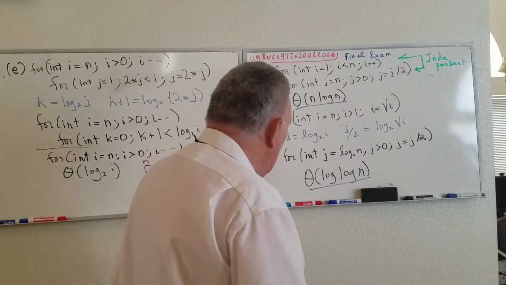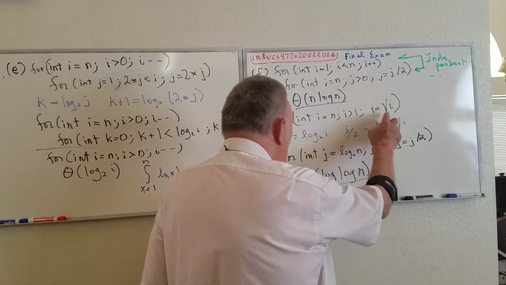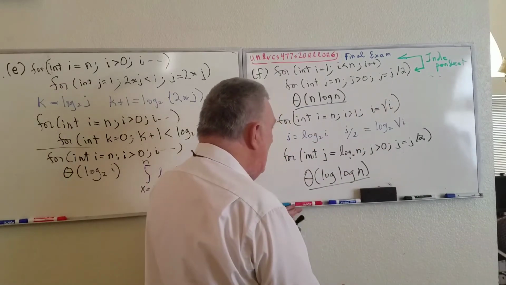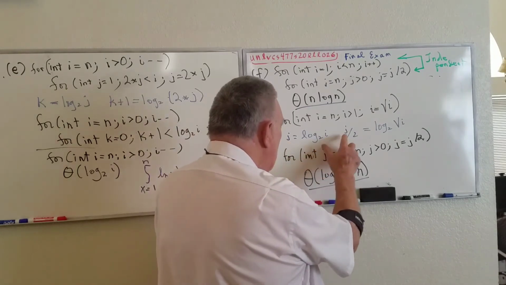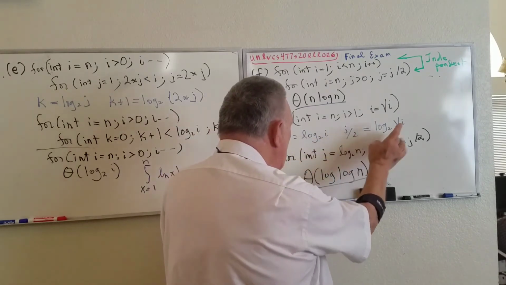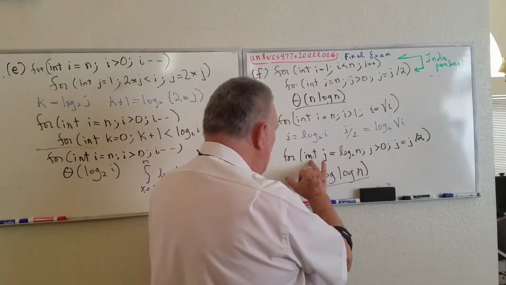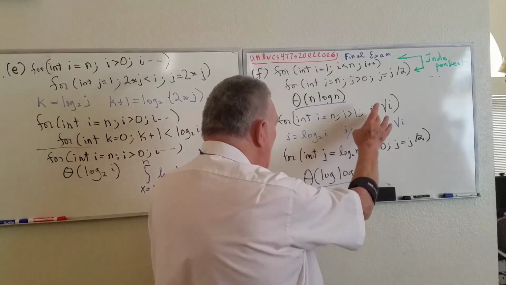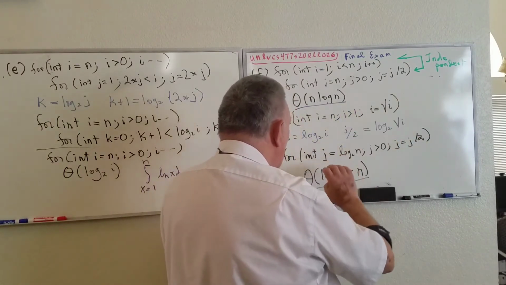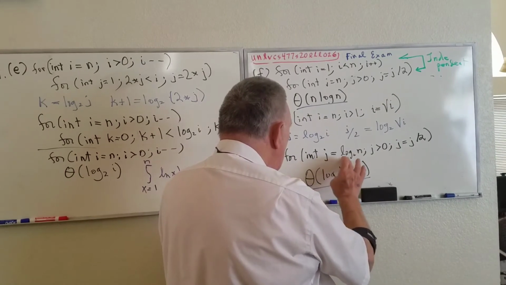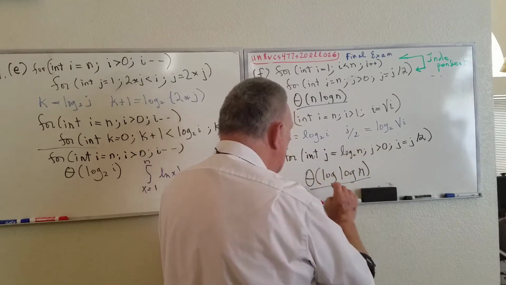Now we'll go to G. G uses a square root. i starts at n, stopping before 1, and you take the square root of it at each step. Now we'll let j be the log of i, which means that j over 2 is the log of the square root of i. Replacing these, j goes from log n down to 0, halving each time.